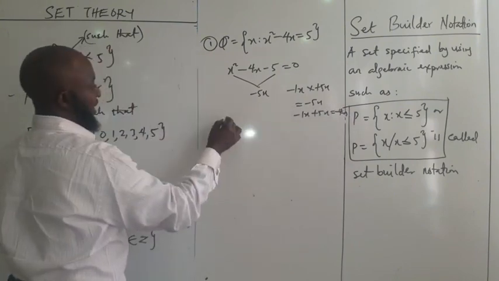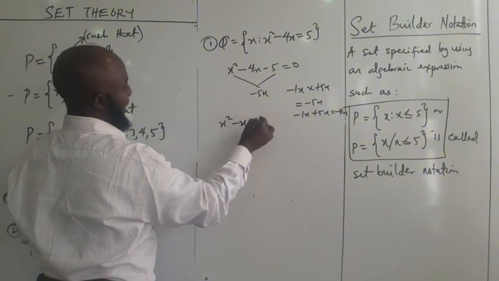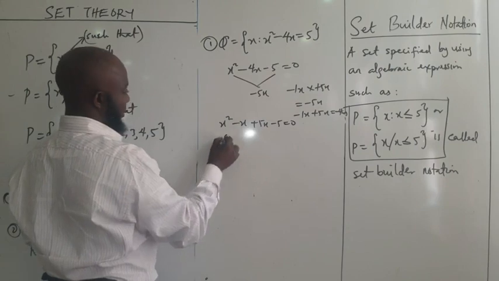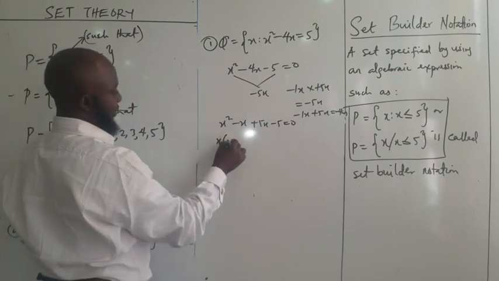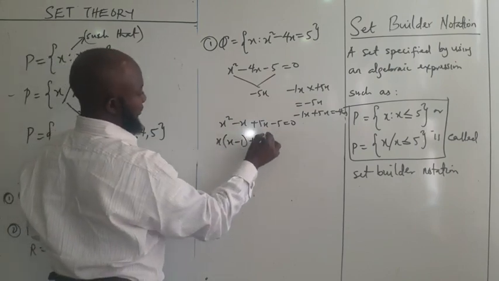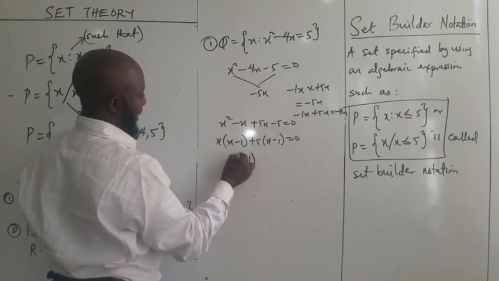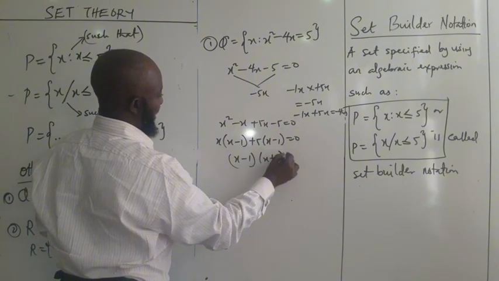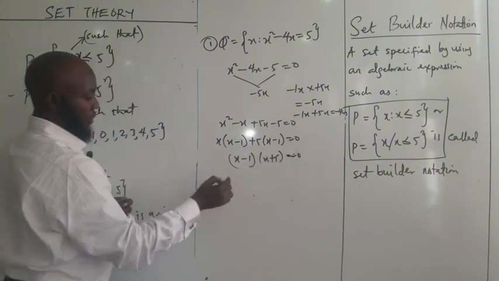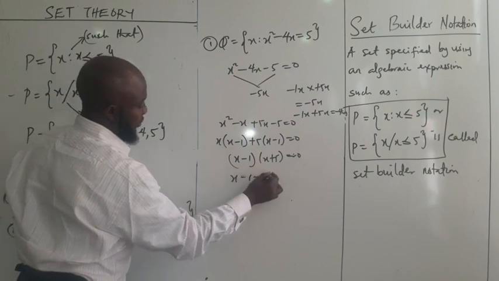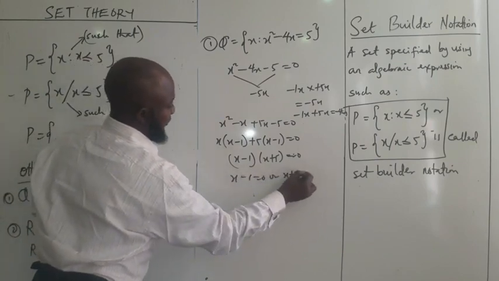So we make use of this. That will be x squared minus x plus 5x minus 5 equals 0. Factorizing, that will be x minus 1 times x plus 5 equals 0. So therefore, x minus 1 equals 0 or x plus 5 equals 0.